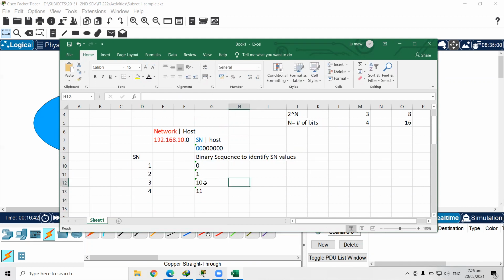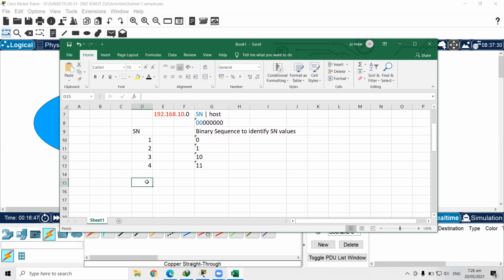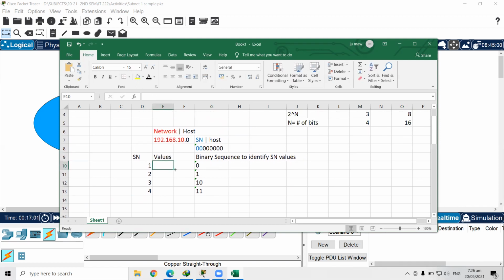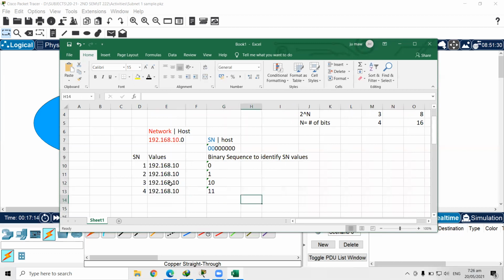Ano yung magiging values niya? Aalamin pa natin yan. Ano yung magiging values ng subnet na to? So, bring down ko na lang yung network portion. Okay, network portion is ito, so nakopy ko na siya.